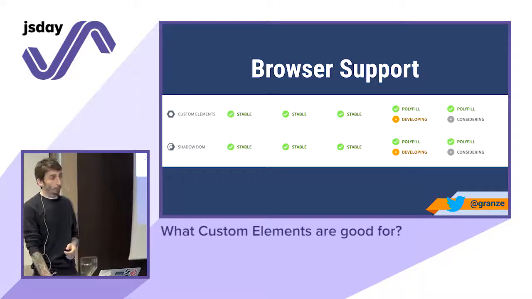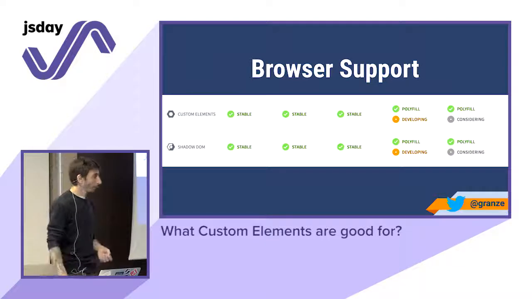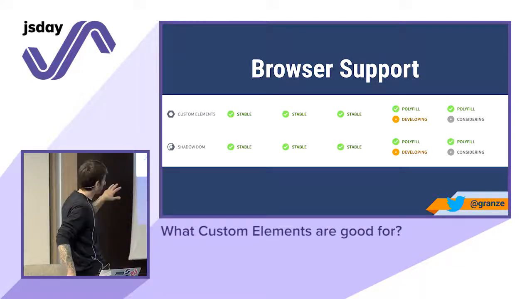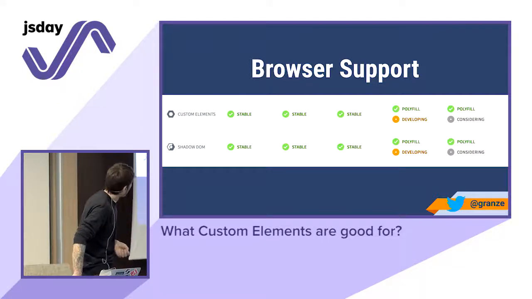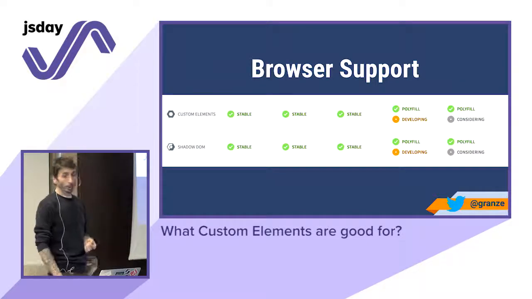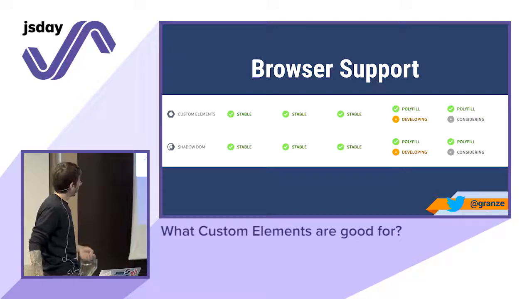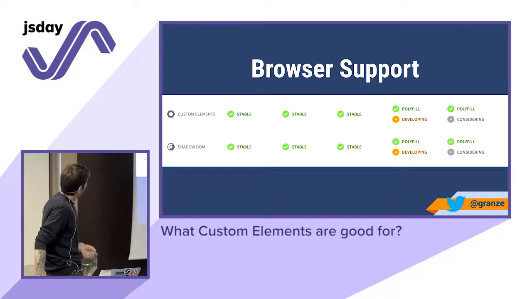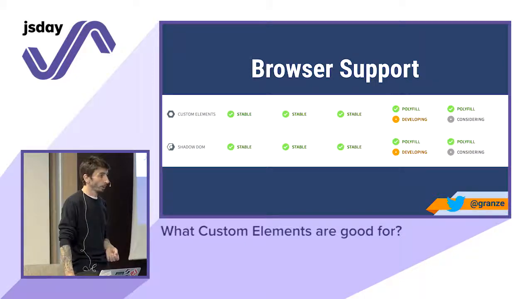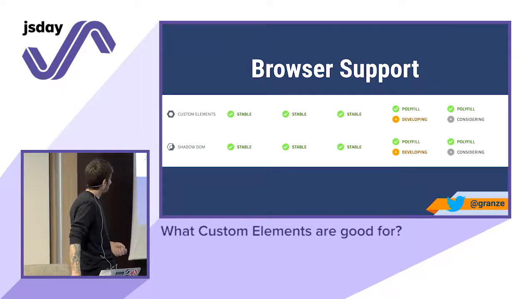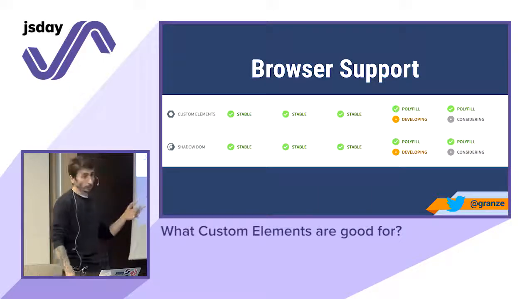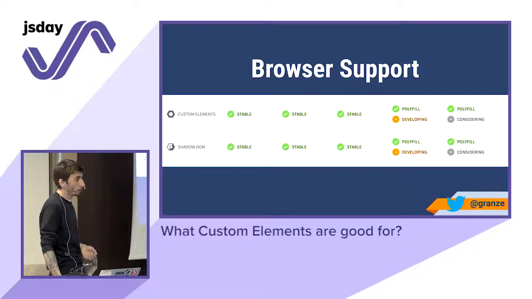Because I'm not here to sell you web components, I will start from the beginning with the bad news. Custom elements are not implemented in all browsers today. We have a stable version of the new spec in Chrome and Opera, which use the same engine, and in Safari.